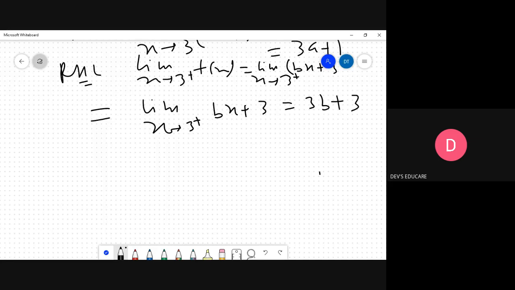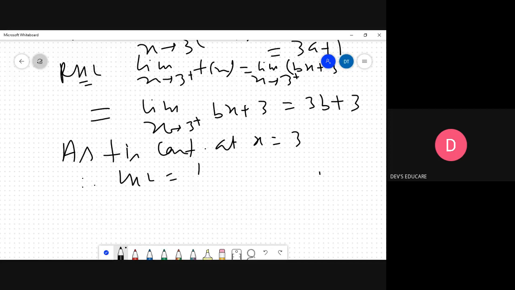As f is continuous at x equals 3, therefore LHL equals RHL equals f(3). So LHL is 3a plus 1, which is equal to 3b plus 3.